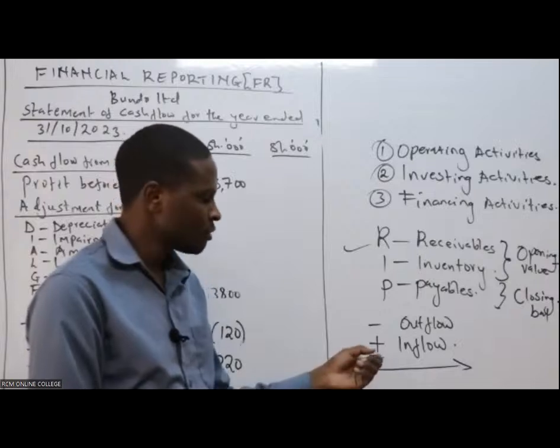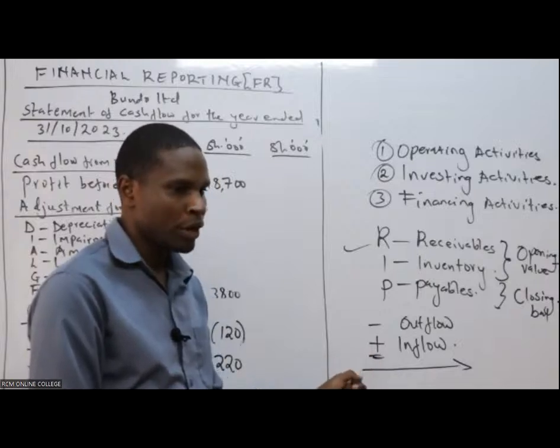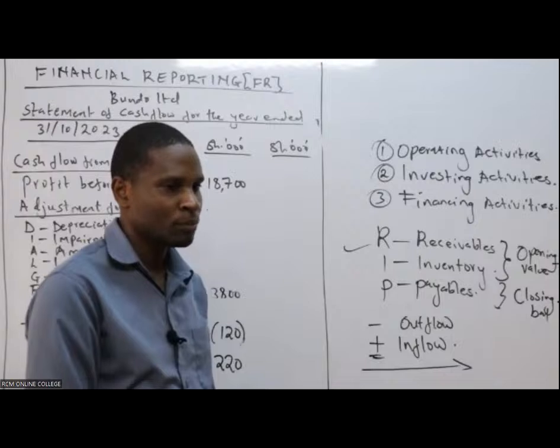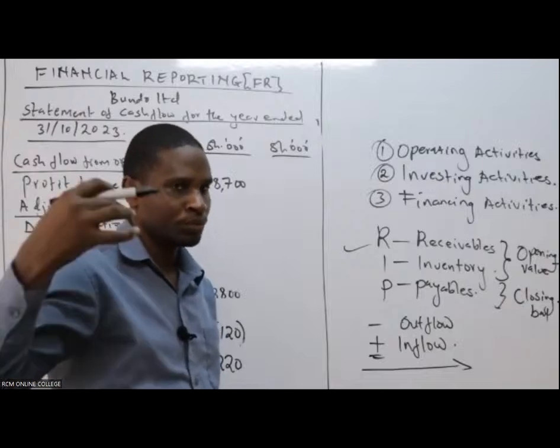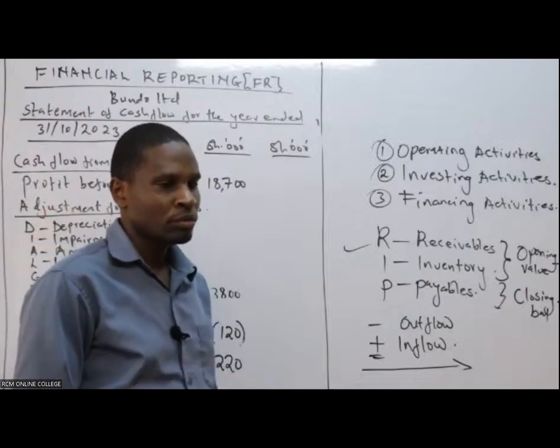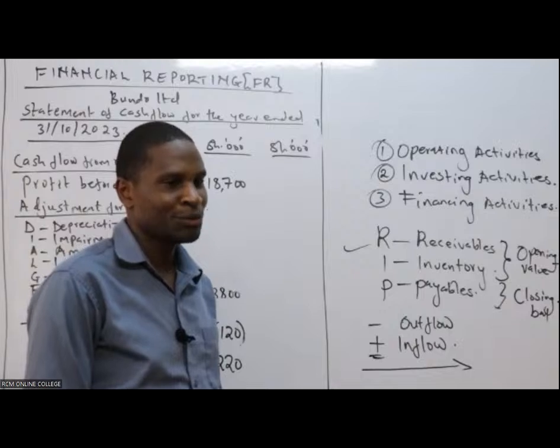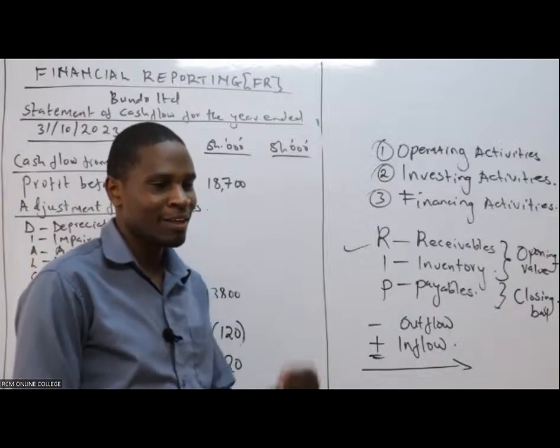That is the essence between the payable and receivable. If somebody owes you, they should pay you very fast. You should have a policy that they pay you very fast.